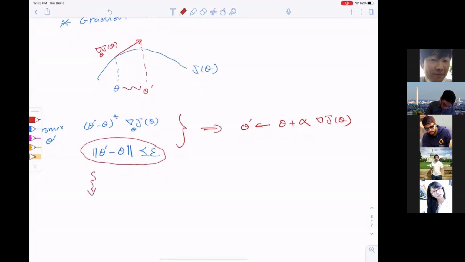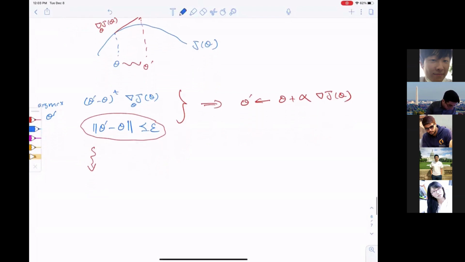That is the key idea for resolving the second issue. So instead, I'm going to again go in the direction of my gradient, maximizing the inner product, but instead of this constraint, I'm going to have a divergence between pi of theta and pi of theta prime that should be less than or equal to epsilon.